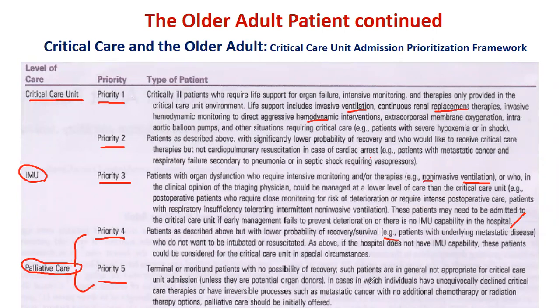In cases in which individuals have unequivocally declined critical care therapies or have processes such as metastatic cancer with no additional chemotherapy or radiation therapy options, palliative care should be initiated for them, right? What next?